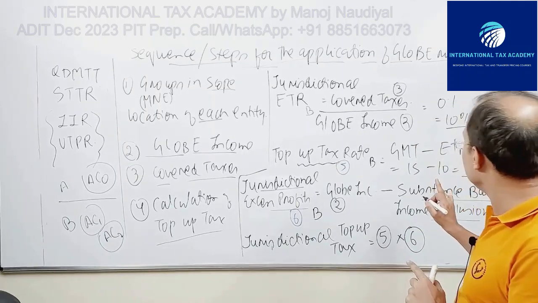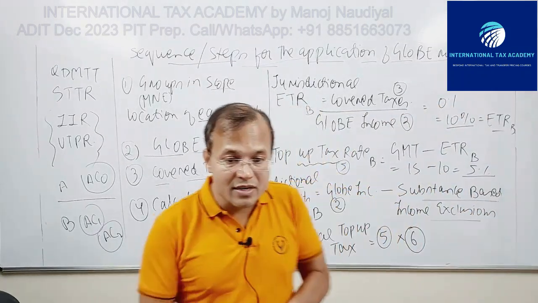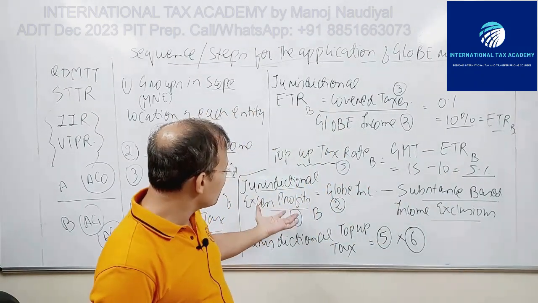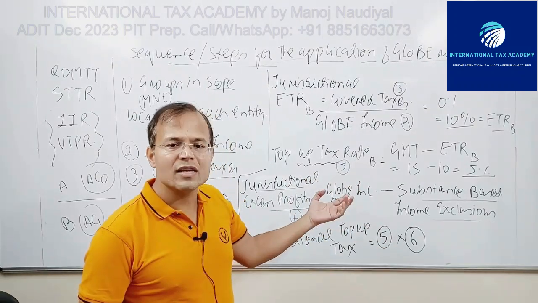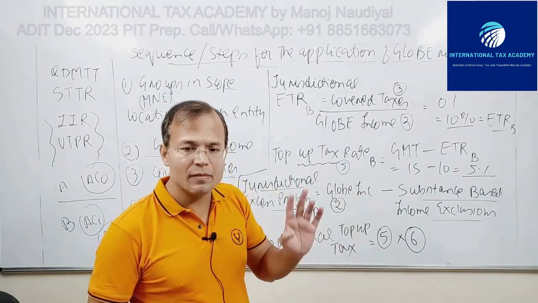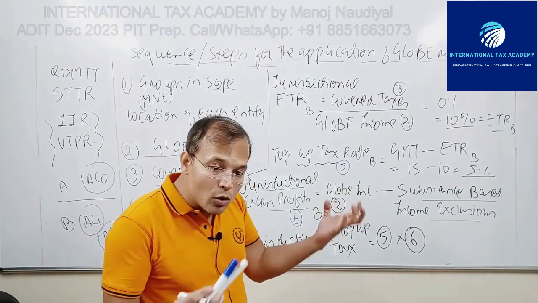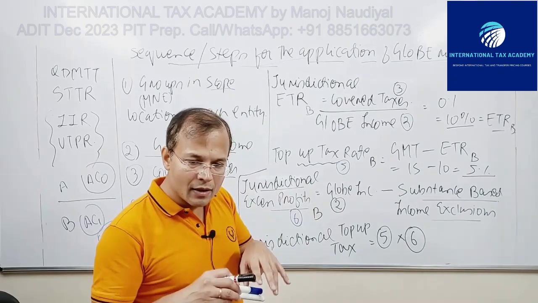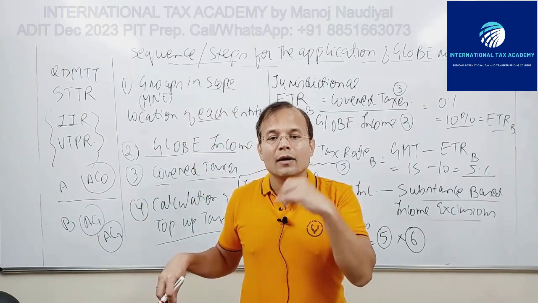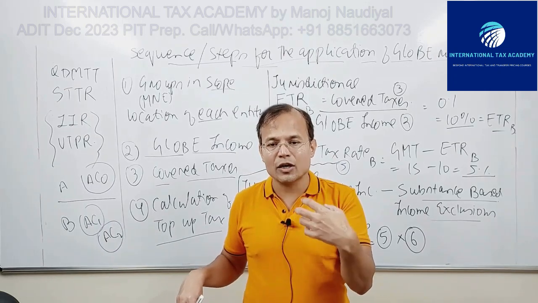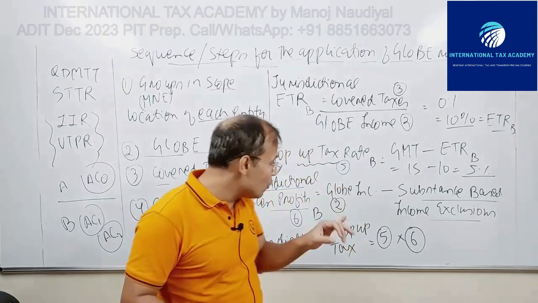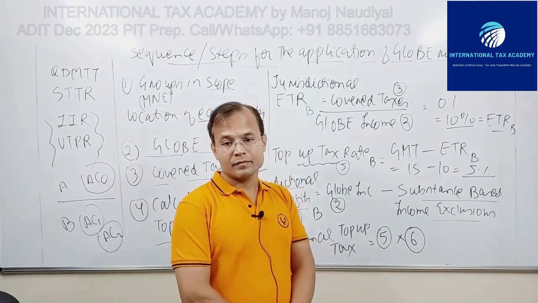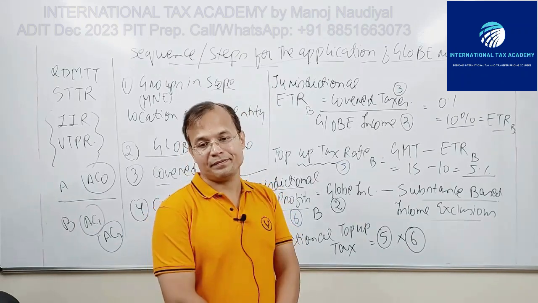So meaning to say that if the jurisdictional top up tax rate in our case is 5% and the jurisdictional excess profit was, say for example, 1 million euros, then the total amount of top up tax that may be collected by jurisdiction B due to the application of GLoBE rules will be equal to 5% of 1 million, that is 0.05 million.